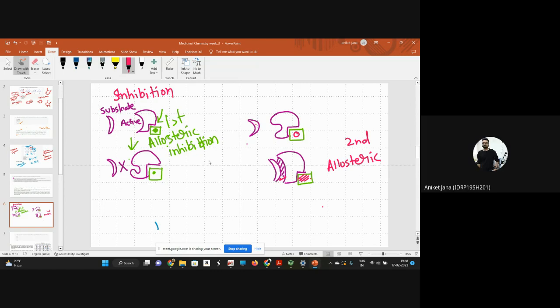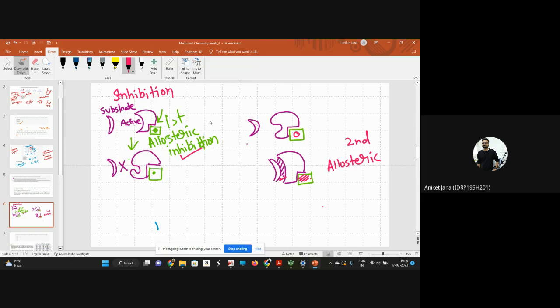Okay, so the allosteric site is a site other than the active site of an enzyme where a molecule can bind, and it can act in both ways. It can go through allosteric inhibition, or it can lead to allosteric activation of the active part. So it is not always an antagonism effect.